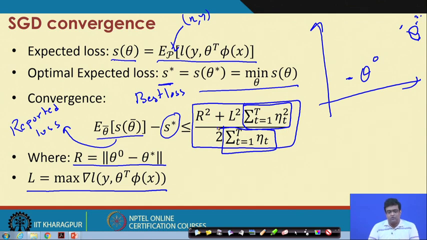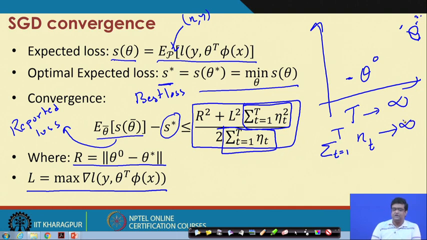Now suppose I make capital T tend to infinity, and under this limiting case I make the following assumption: that my summation over t equal to 1 to capital T of eta t also tends to infinity.